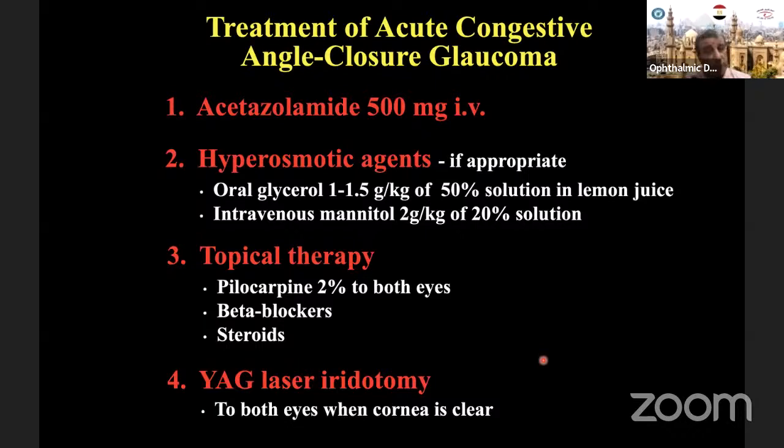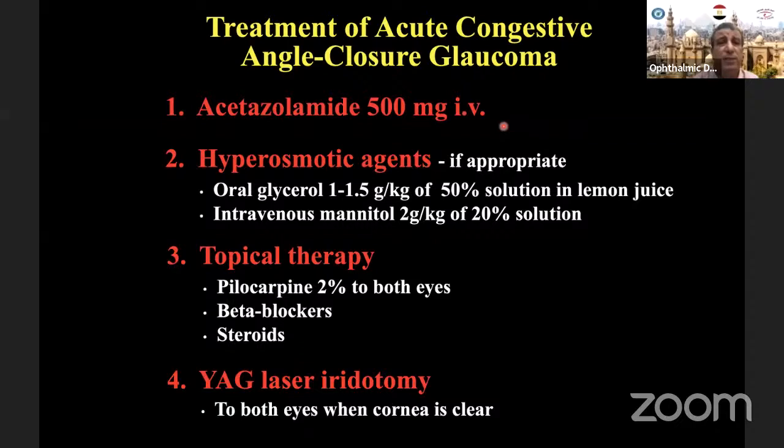But if you are able to identify it, you will start to give a high ocular hypotensive agent, both systemic and topical. The lines of treatment here: you are going to give something systemic like acetazolamide 500 milligrams intravenous if it is available.